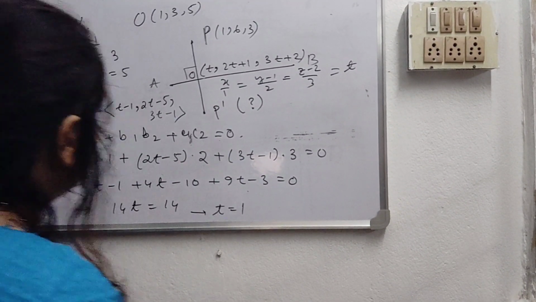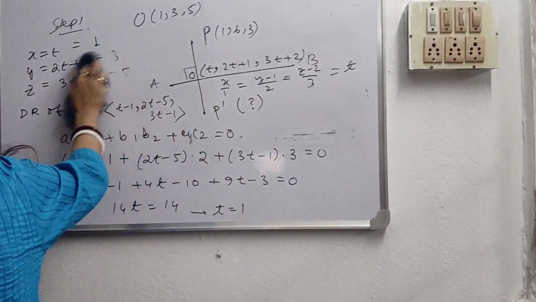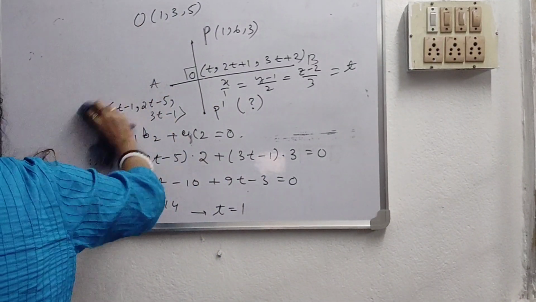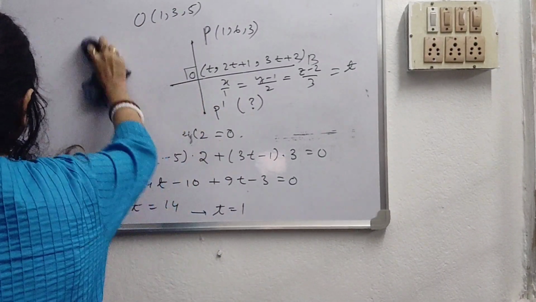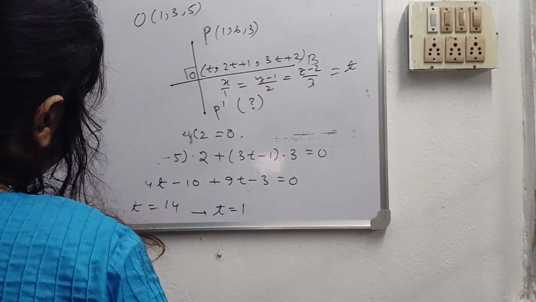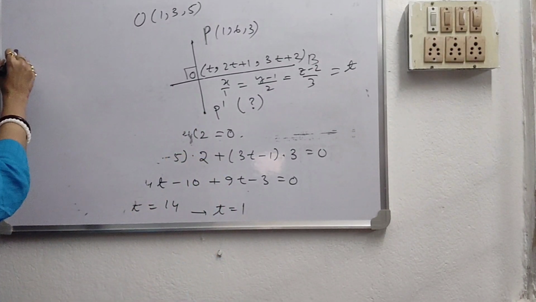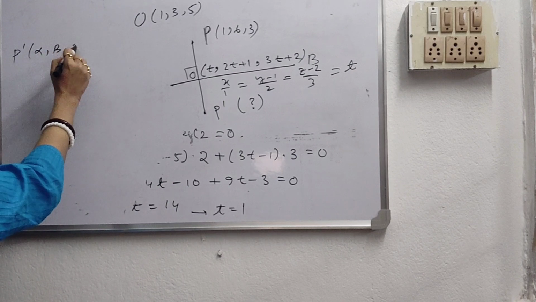So what I'll do? Let's think P dash is (alpha, beta, gamma).